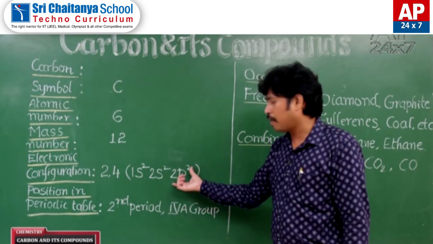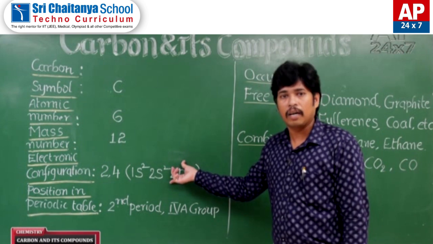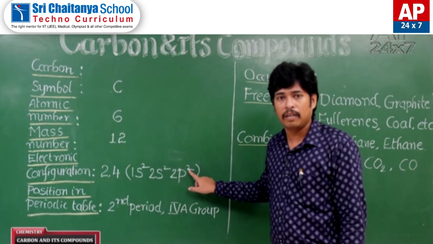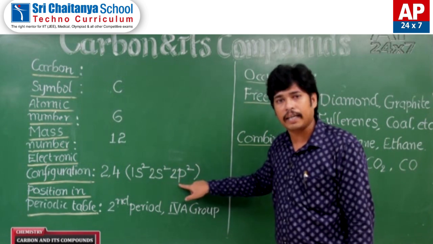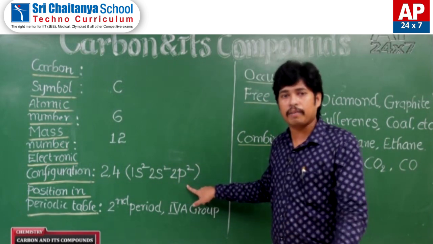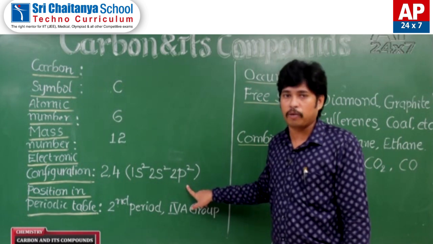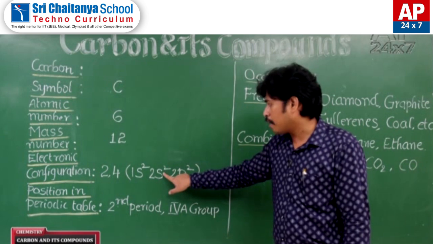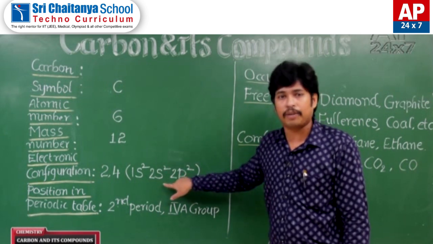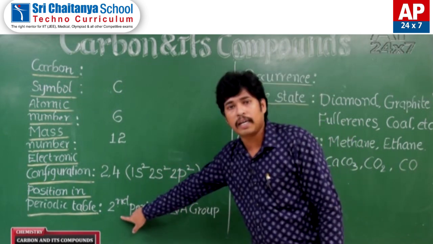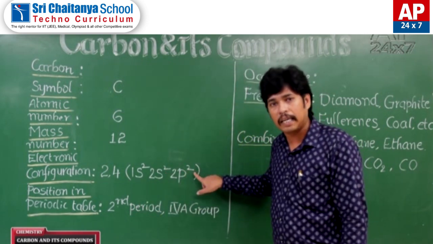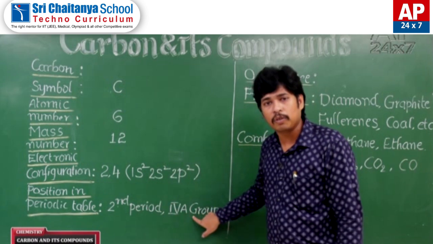Coming to the position of carbon in the modern periodic table. It has the second shell as the outermost orbit and a total of 4 electrons in the valence shell. Based on the valence shell electronic configuration, we can determine the position of the element in the modern periodic table. Since carbon has the second shell as the outermost shell, it belongs to the second period, and as it has 4 valence electrons, it belongs to the 4th group.